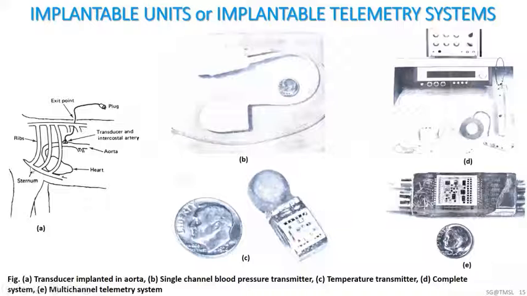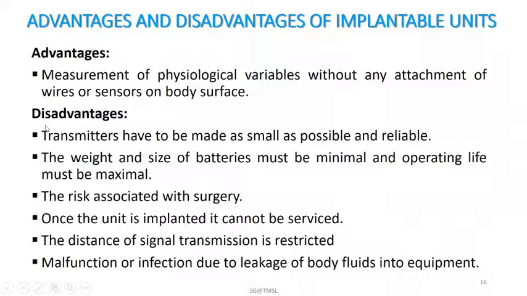Here you can see from this picture that the plug was inserted into a biotelemetry transmitter, so that the blood pressure data could be received remotely. The use of these transducers and telemetry has been useful in gathering information on exercise, the effect of drugs, extreme environments, and acceleration and impact studies.